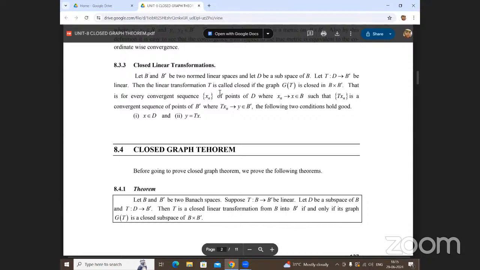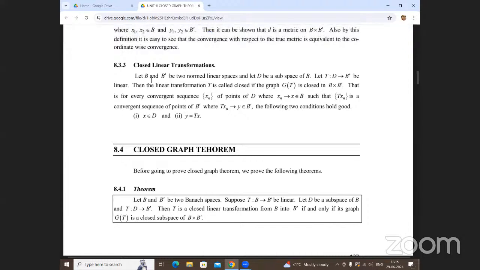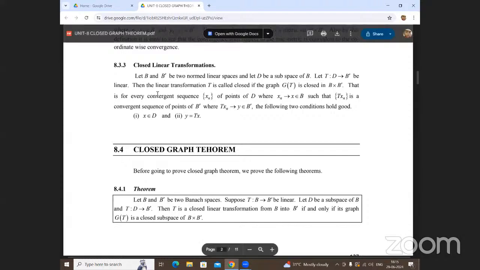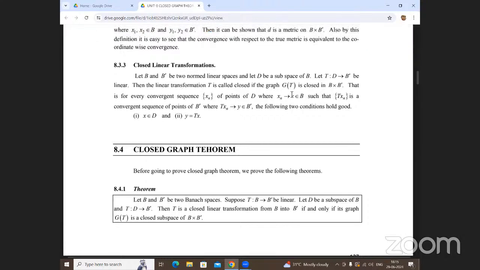Closed linear transformation. What is a closed linear transformation? There are two normed linear spaces, as discussed in 8.3.1 and 8.3.2, and we must discuss the closed linear transformation. There are two normed linear spaces, and D a subspace of B, and the transformation T maps D to B dash and must be linear. T is closed means what?